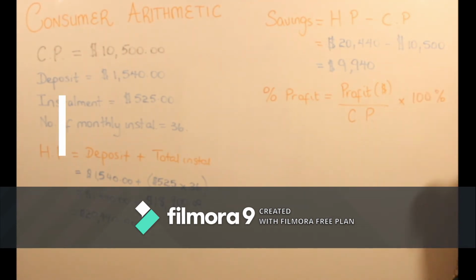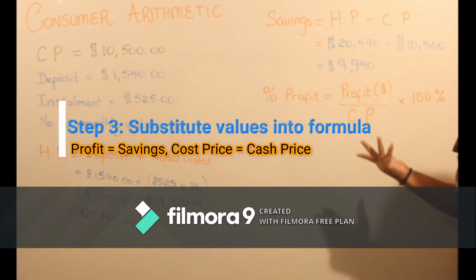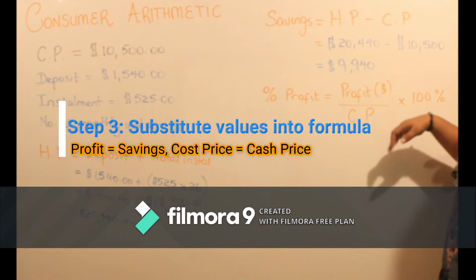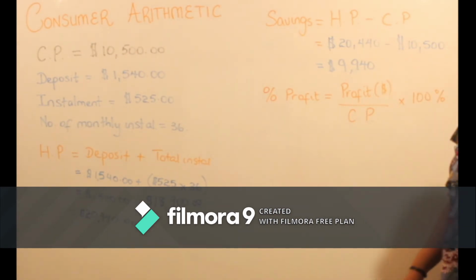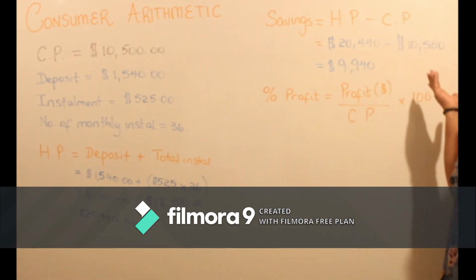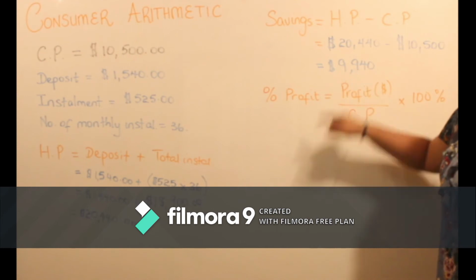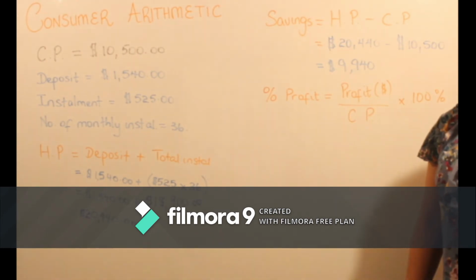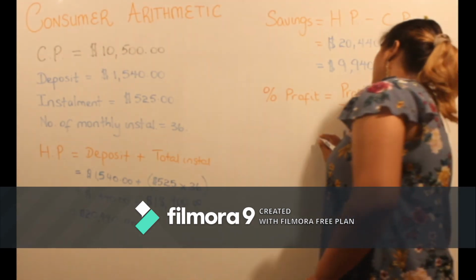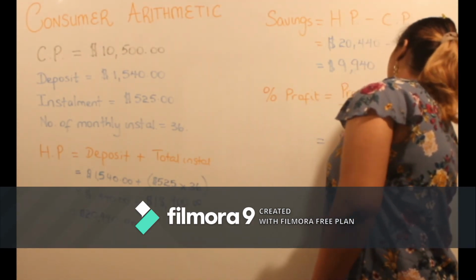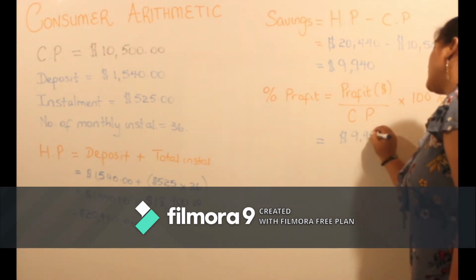Some people might wonder where the profit is going to come from. Profit indirectly comes from your savings value. If somebody chose to purchase the fridge on cash price, they would technically be saving the money that the company is making in profit off of the hire purchase plan. So we put our profit of $9,940.